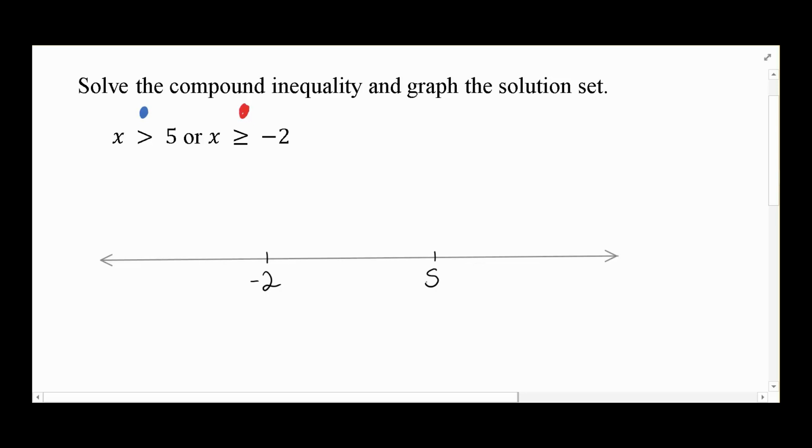And then above the number line, I'm going to go ahead and graph each of these inequalities. So we had x is greater than 5, so that's not including 5, and it's everything to the right of it because it's greater than. And again, we're doing this above the number line. This isn't the answer, this is the work. Then we have x is greater than or equal to -2.